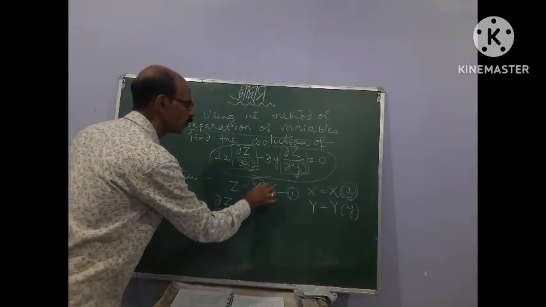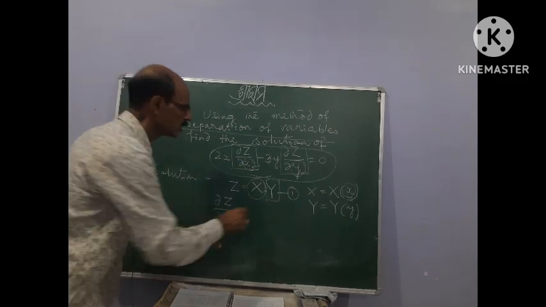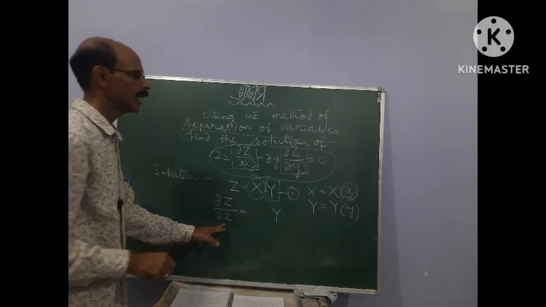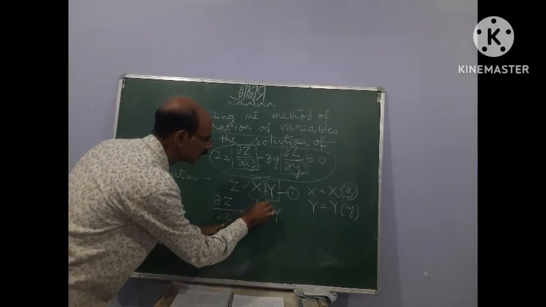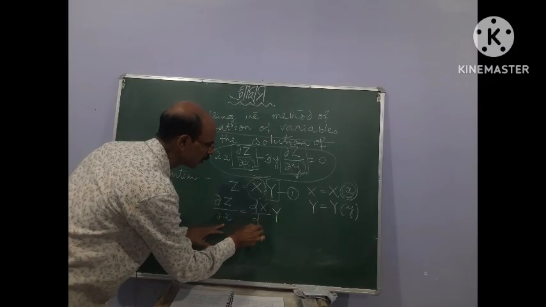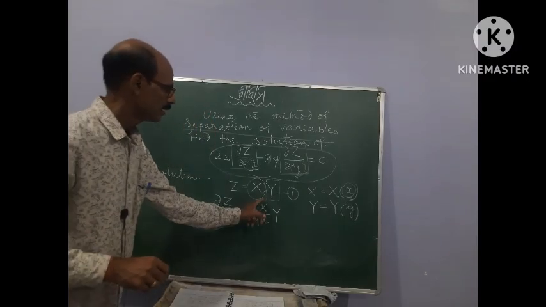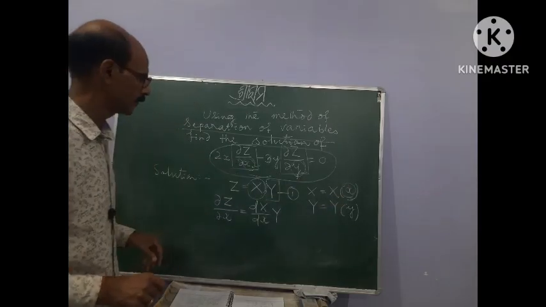So this Y will remain constant because it is independent of x, and we will write dX by dx because X is dependent on small x only.